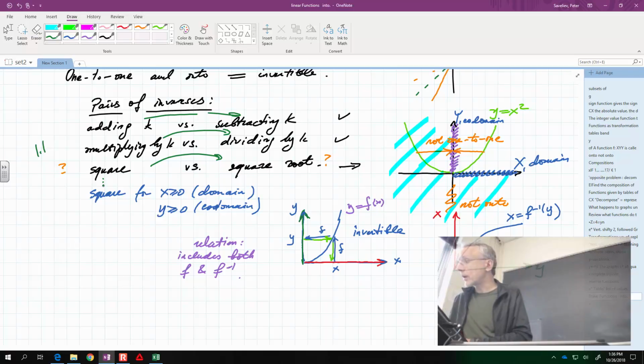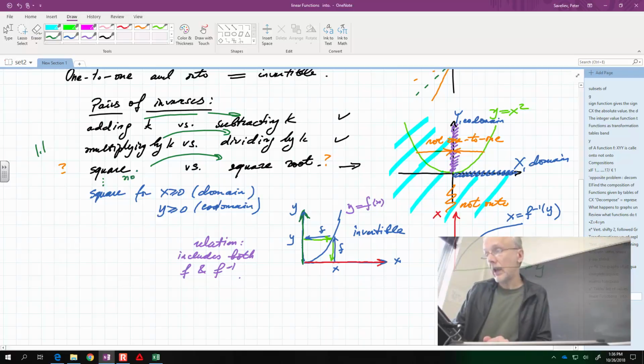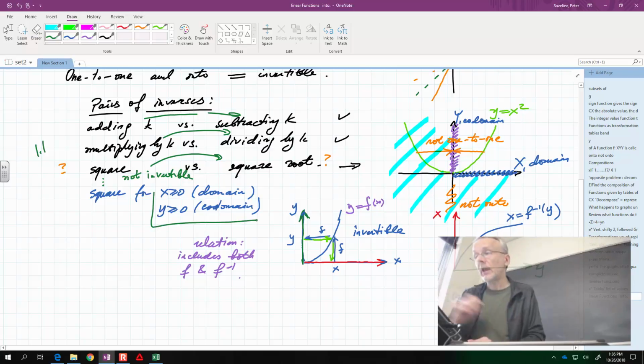We did it right here. You see what we do with x squared in order to make that function invertible. It is not invertible to begin with; generally, as stated, it's not invertible, so there is no inverse. So what do we do? You limit the domain and the codomain in order to make it invertible.